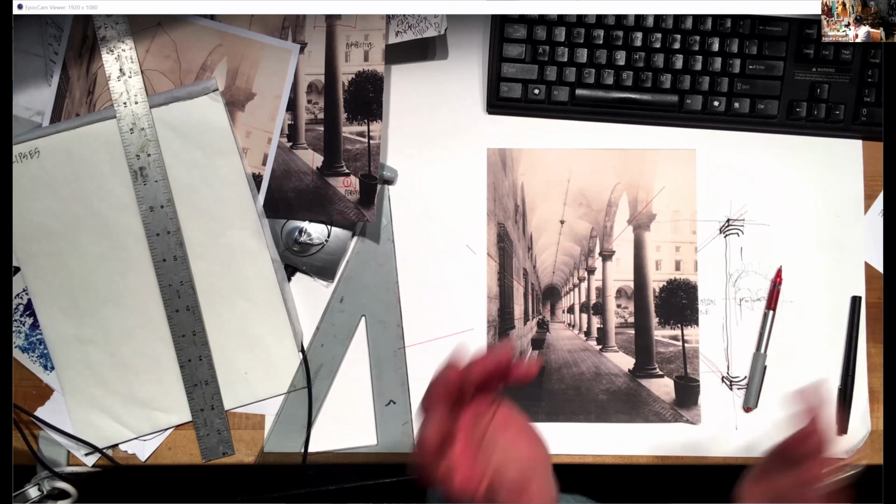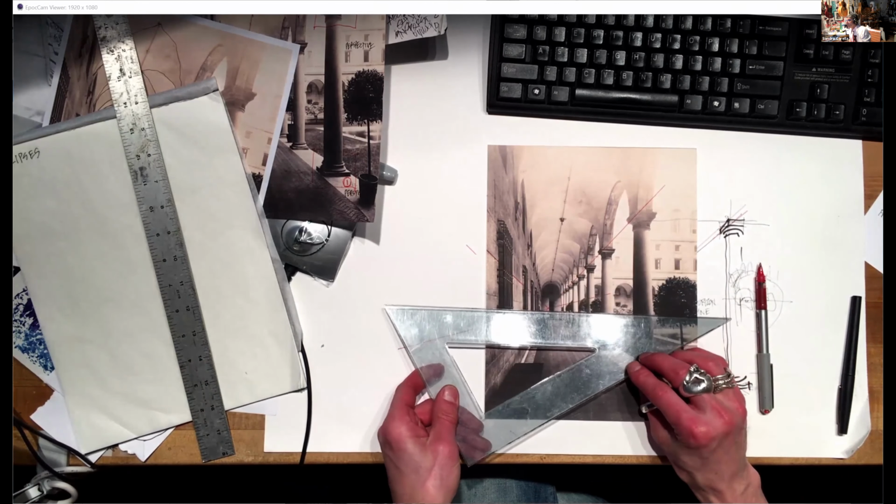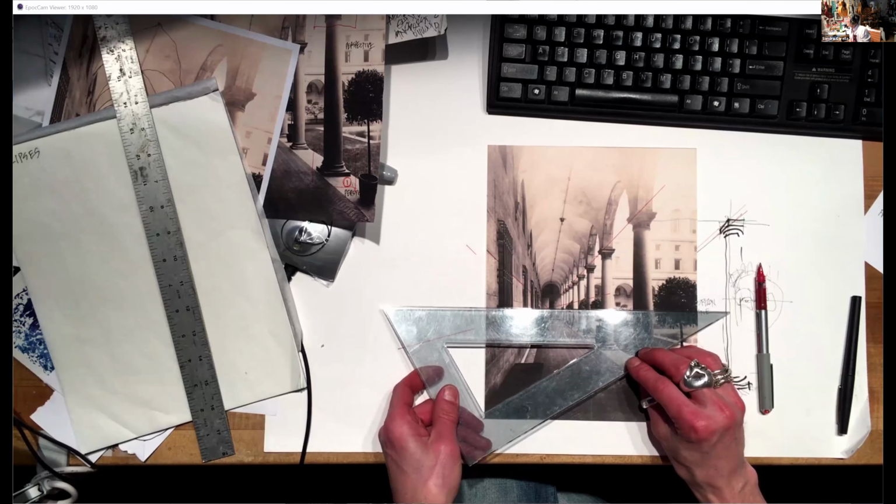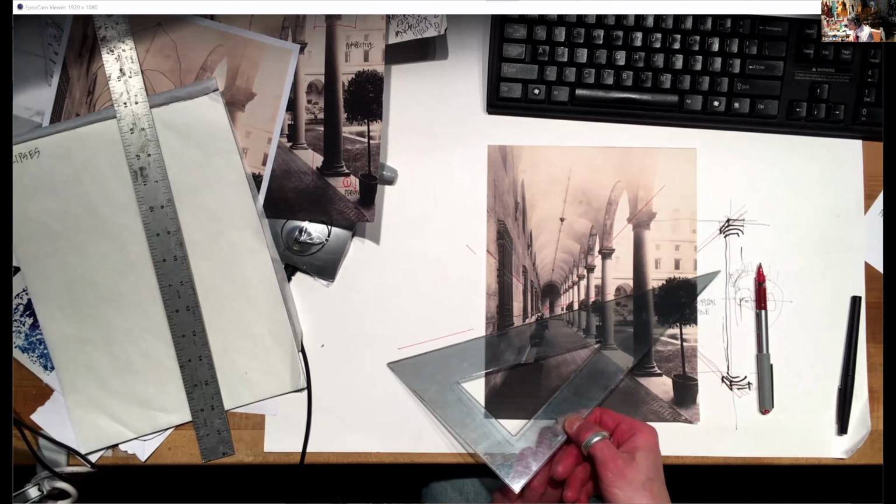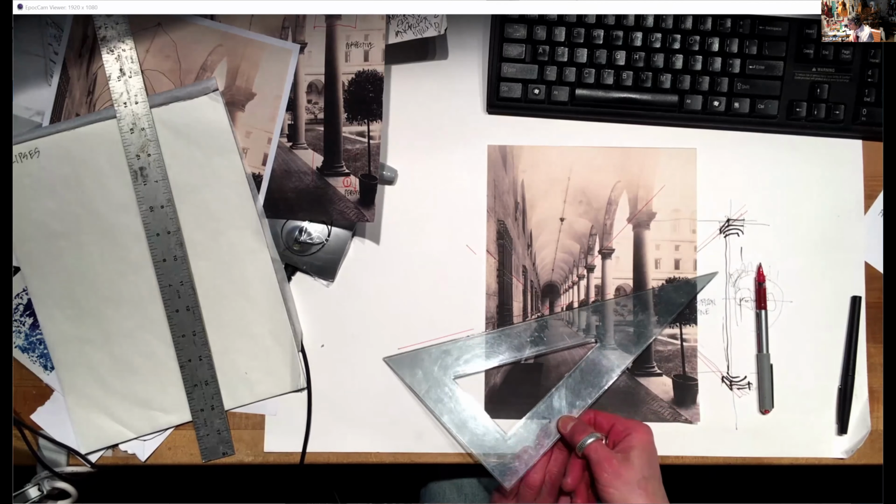Okay, a couple things. If I found a line on this wall that was horizontal, that would be my horizon. Do you see how below the horizon, the lines converge upwards? Above the horizon, lines converge downwards.